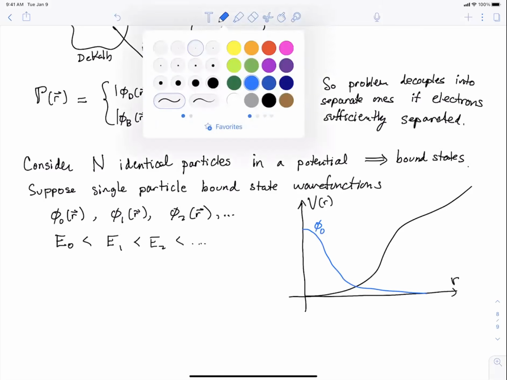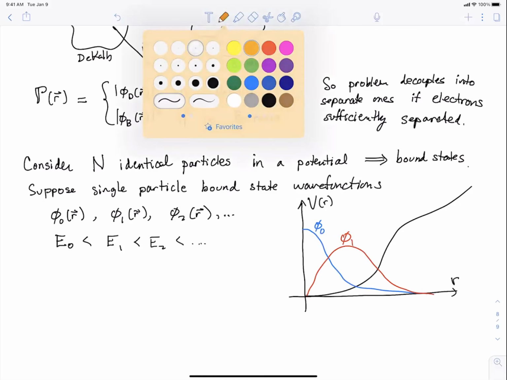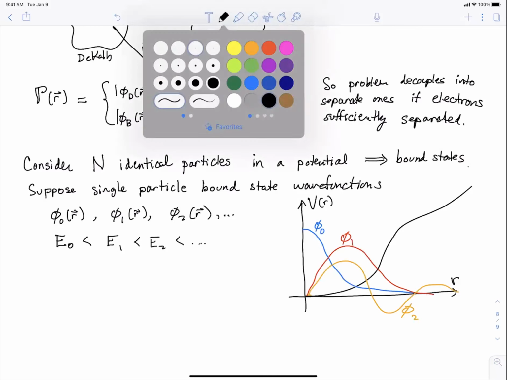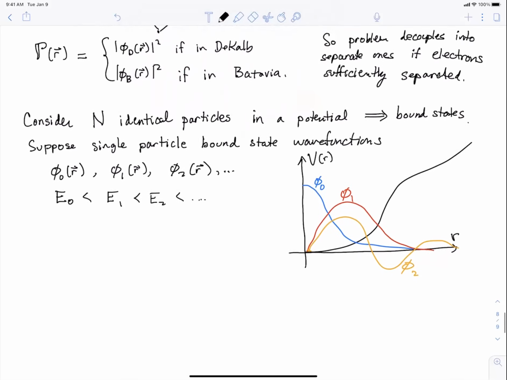And then phi 1 might look like something like that. And the wave function for phi 2 might look like, who knows, something like that. Okay, so we're not being specific about them.